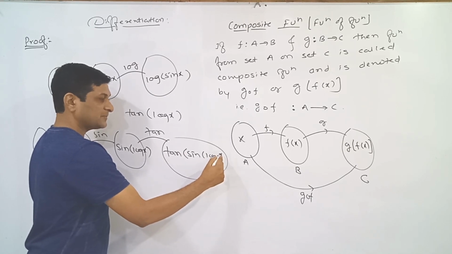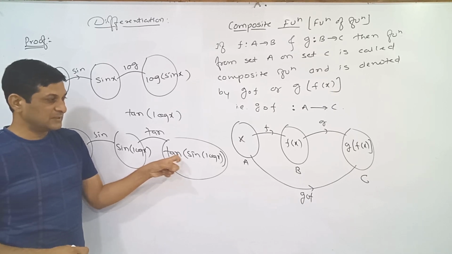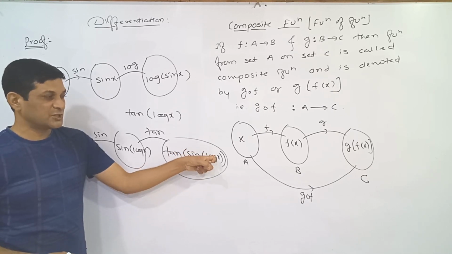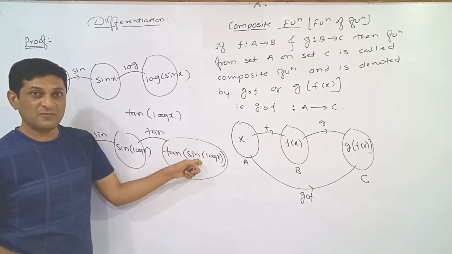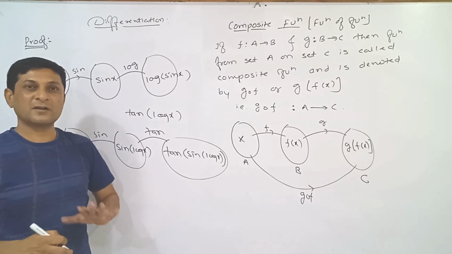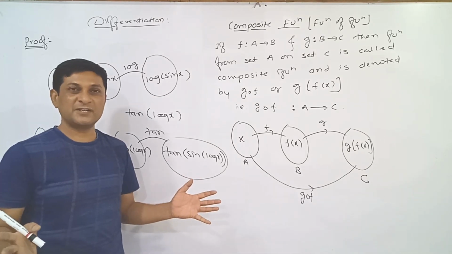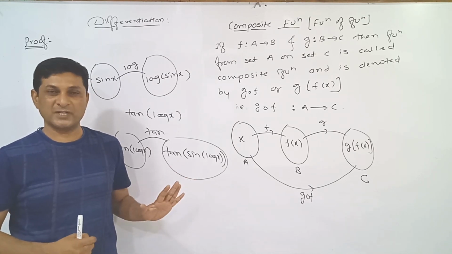Here, sine is the function of log x and tan is the function of sine log x, means function of function of function, and such functions are called as composite function, or we can say it is a combination of 2 or 3 functions.